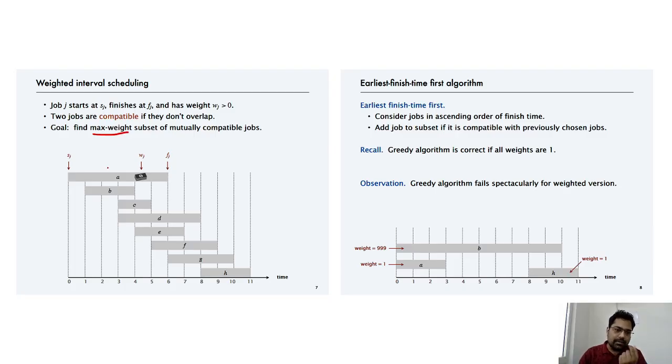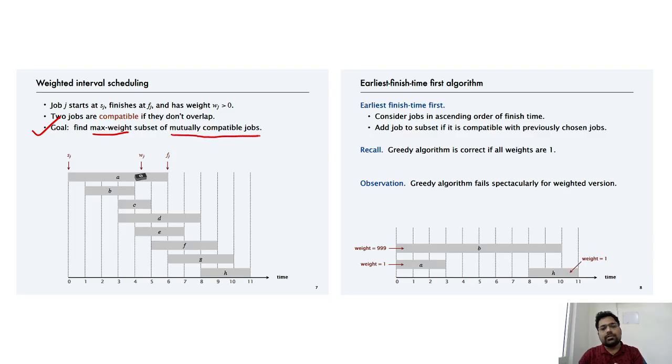We will definitely get a compatible set, but the compatible set should have the maximum weight. We want the set of tasks to be done as our solution.